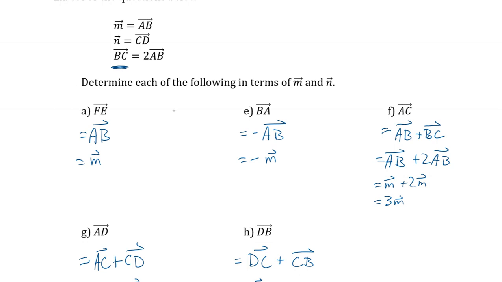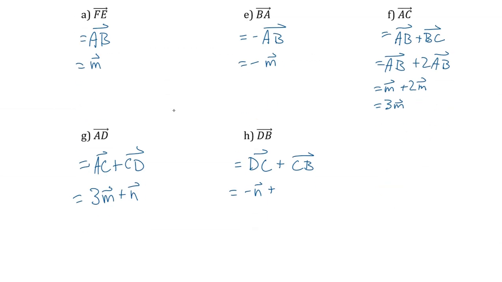M is AB. So this is 2M. So BC is 2M, but I'm going CB. If you wanted, you could add extra steps in here. But this is plus negative 2M. So negative 2M minus N.